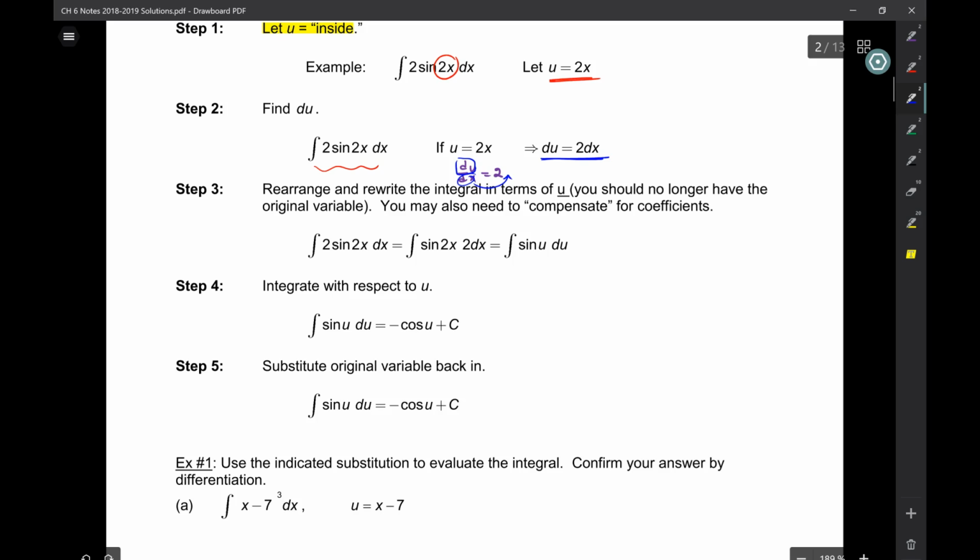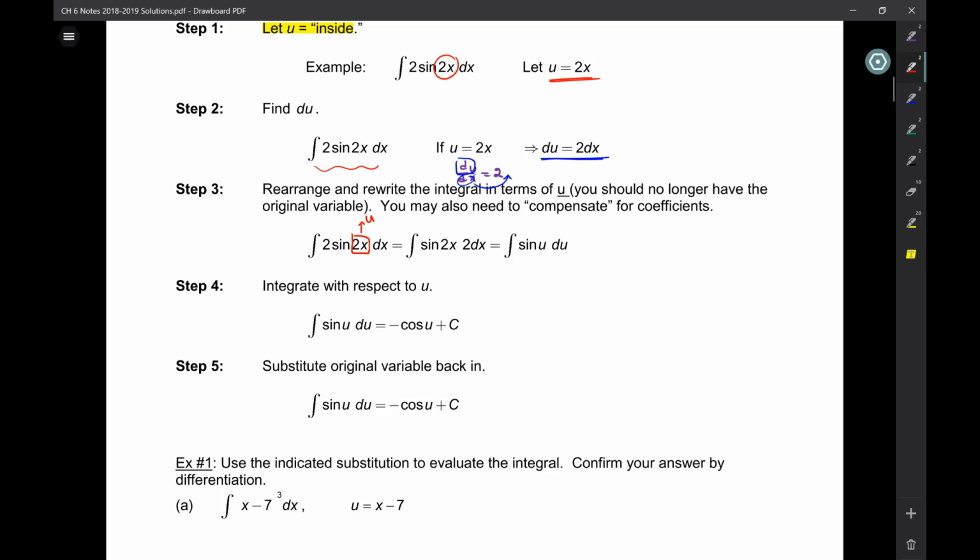Now, remember, this is still my original function. Now I need to rearrange this so that the inside function goes away. Okay, so here's what I'm going to do. I have a 2. I have a sine 2x. Remember the 2x I said is my u, right?